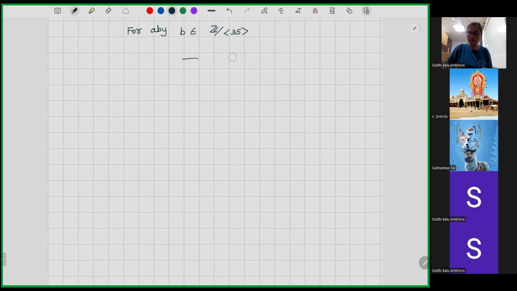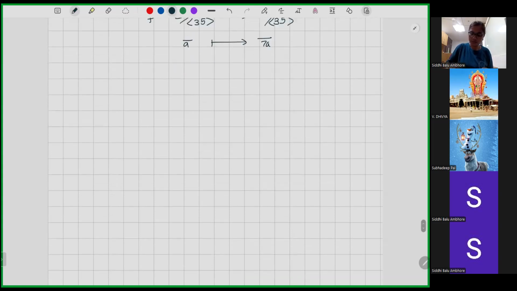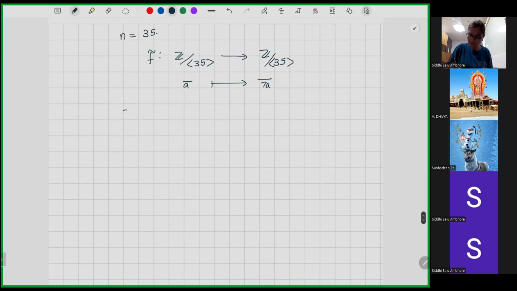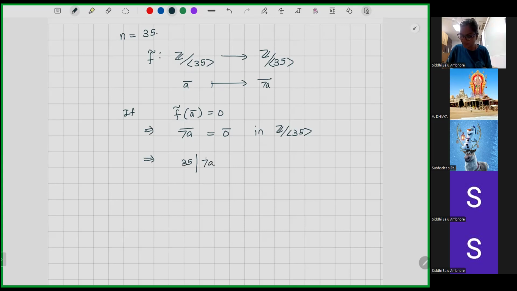So if A bar is such that F tilde of A bar is equal to 0 bar, this implies that 7A bar is 0 bar in Z mod 35. Okay. And when can I have this? It implies that 35 divides 7A.